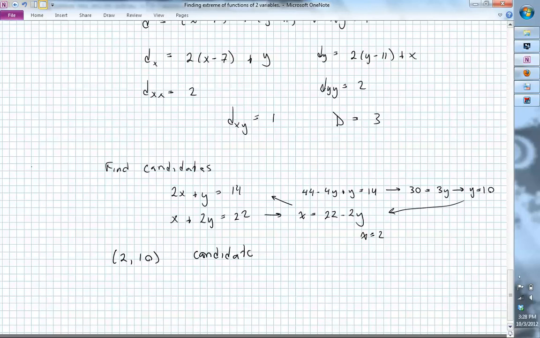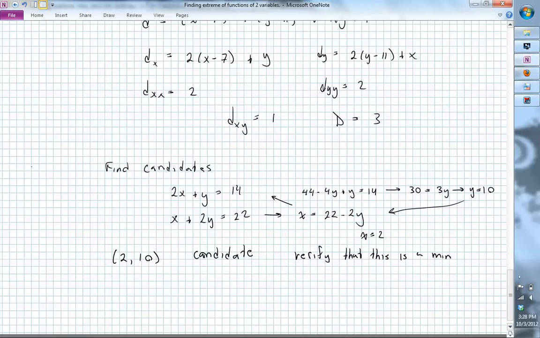Now, is this a maximum or a minimum? This is a minimum, right? This is a distance problem. It's a minimum. But let's verify that it's a minimum. How are we going to do that? Check that D is positive.